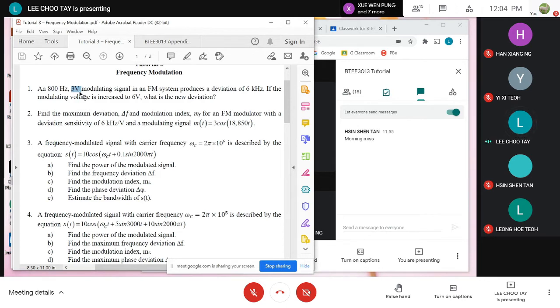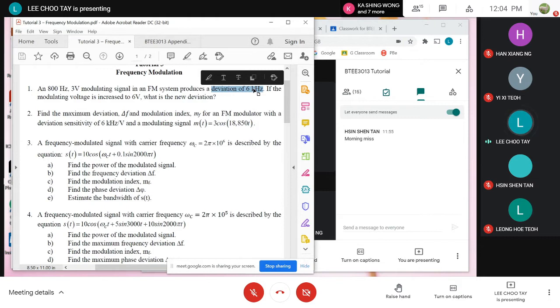Yeah, V subscript m. So this signal produces a deviation of 6 kilohertz in our FM system. All right, a deviation of 6 kilohertz. So kilohertz, hertz is a frequency, right? So that means this is a frequency deviation.